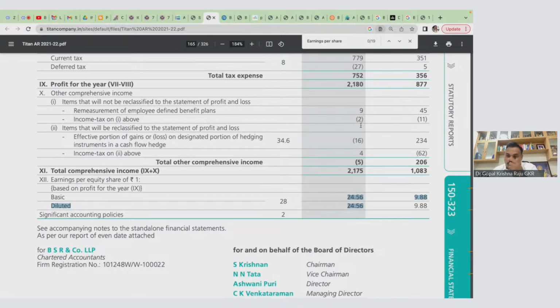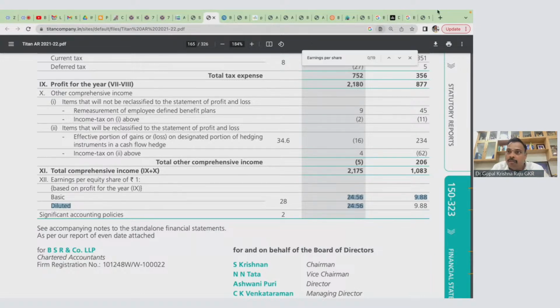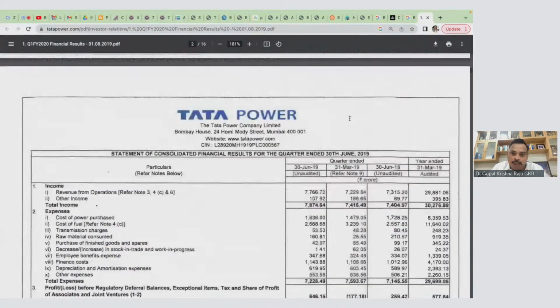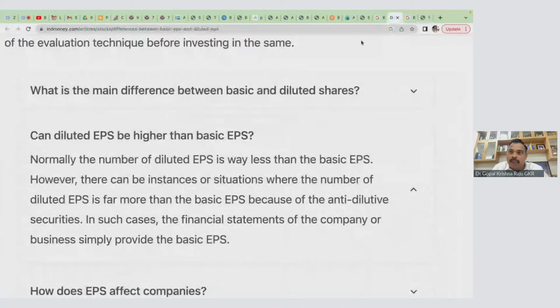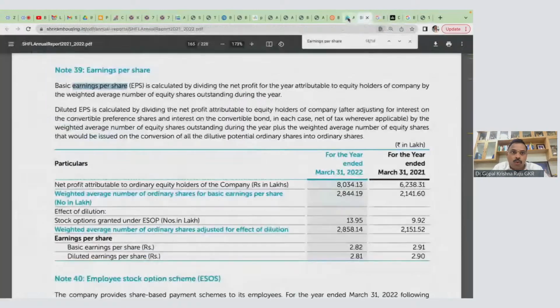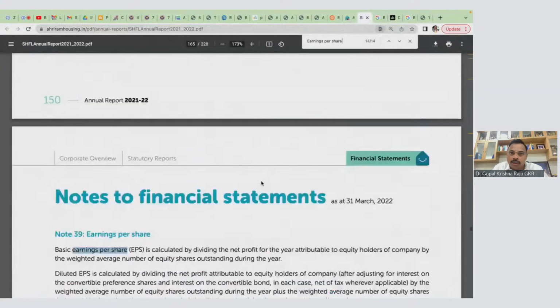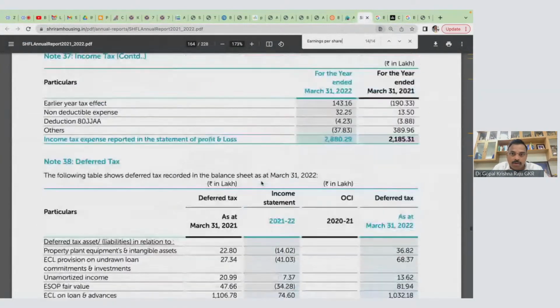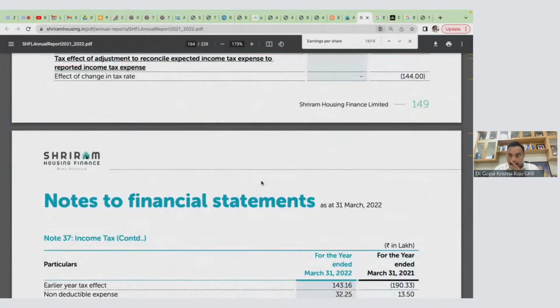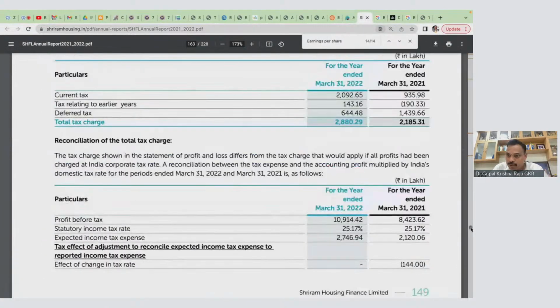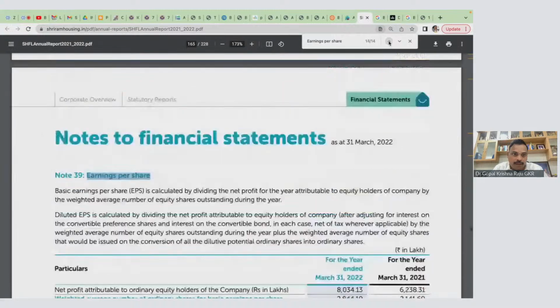Now I'll take you to Shriram Housing Finance and Tata Power. This is actually Tata Power, and I'm taking you to Shriram Housing. Here, I'll take you to the EPS part.